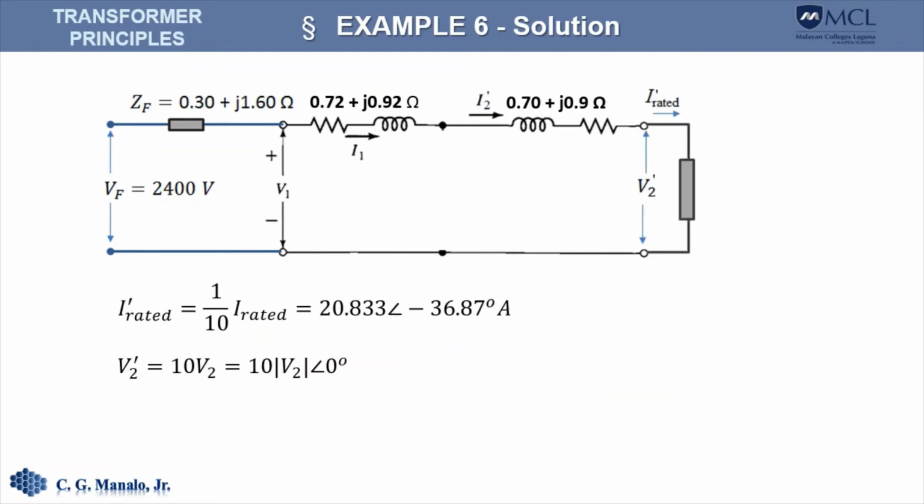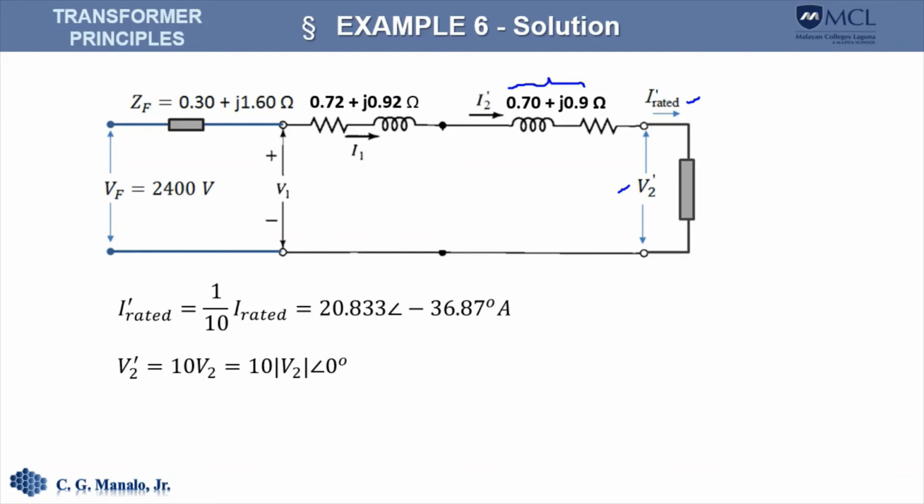To solve for the voltage V sub 2, we can refer the secondary winding parameters to the primary side. So here, this is the secondary impedance referred to the primary, and this is the load current and voltage also referred to the primary side.